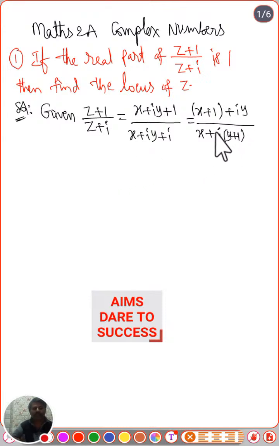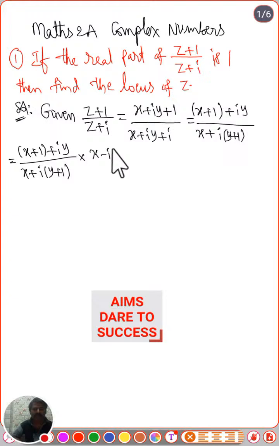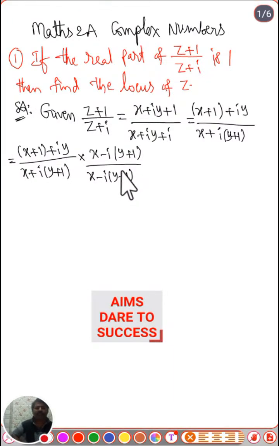Now rationalize the denominator: multiply by x minus i into (y plus 1), divided by x minus i into (y plus 1).